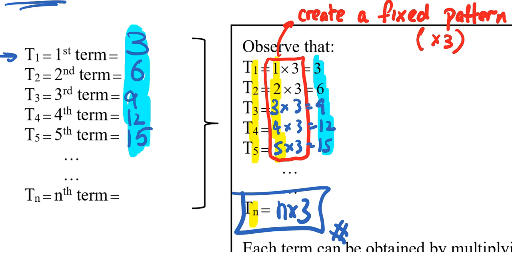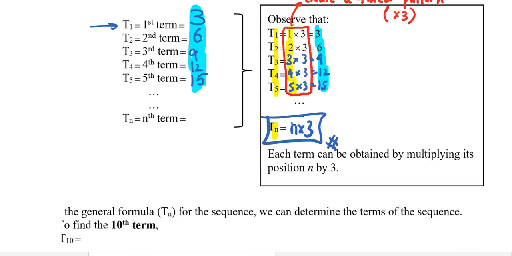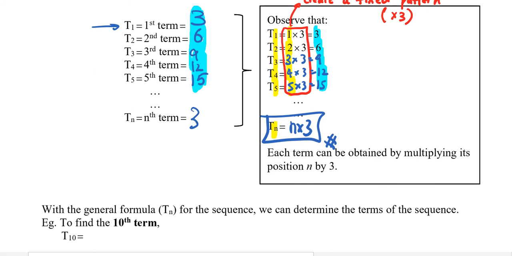So, the answer is 3n or n times 3. But which one is preferred? 3n is preferred. So in algebra, before you fly the aeroplane, you will always write the number first followed by the alphabet. So in this case, it's 3n. Okay? Can we try the next one?